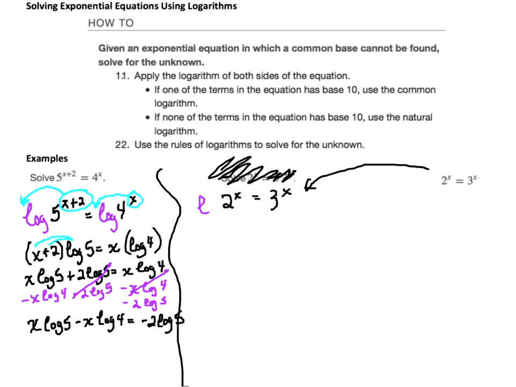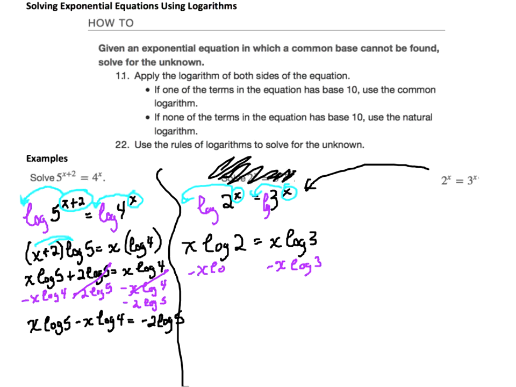Take the log of both sides. Both of those exponents come down as coefficients. So I now have x times log 2 equals x log 3. I need to get my variable terms on one side, so I'm going to subtract x log 3 from both sides.